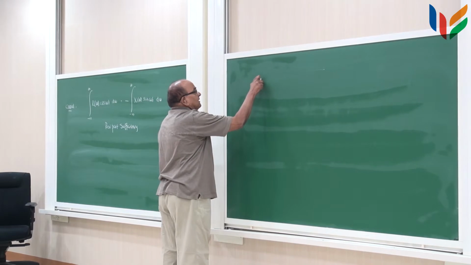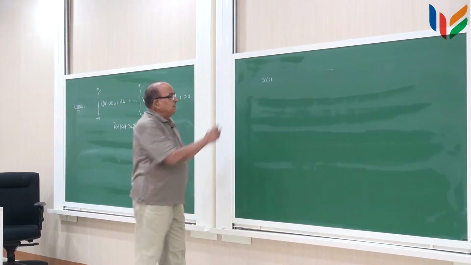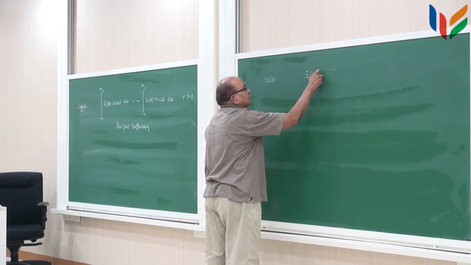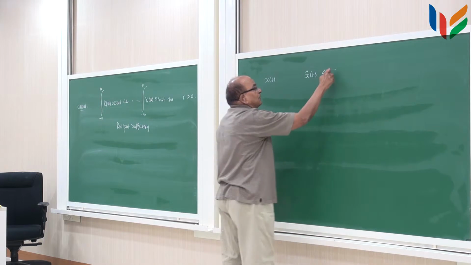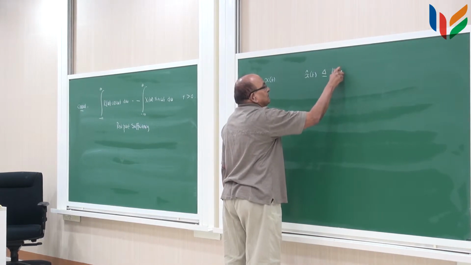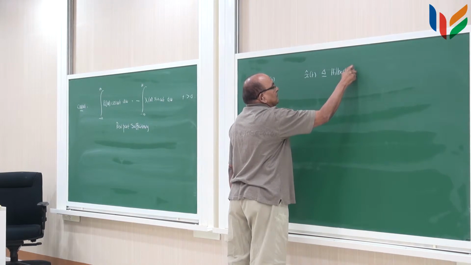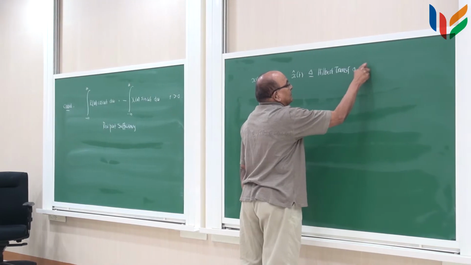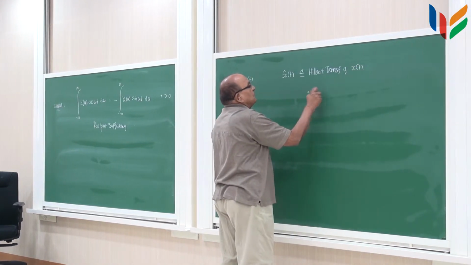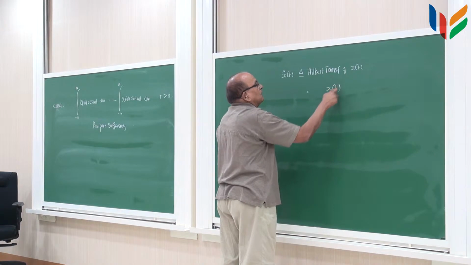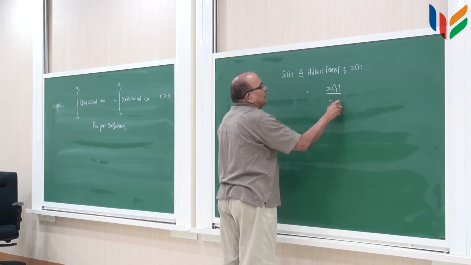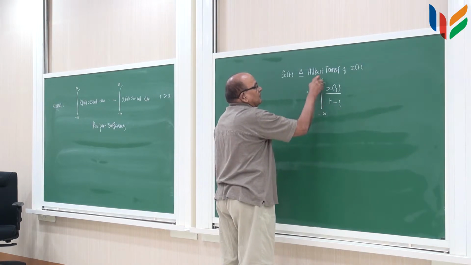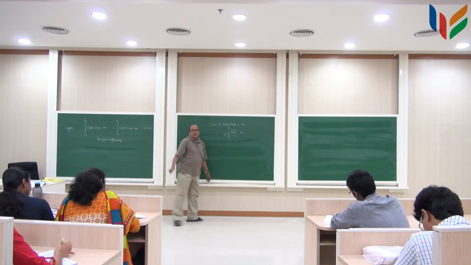If x(t) is any time function, then I define a function called x cap(t), which is defined as the Hilbert transform of x(t), which is equal to the integral of x(xi) upon (t minus xi) d xi.